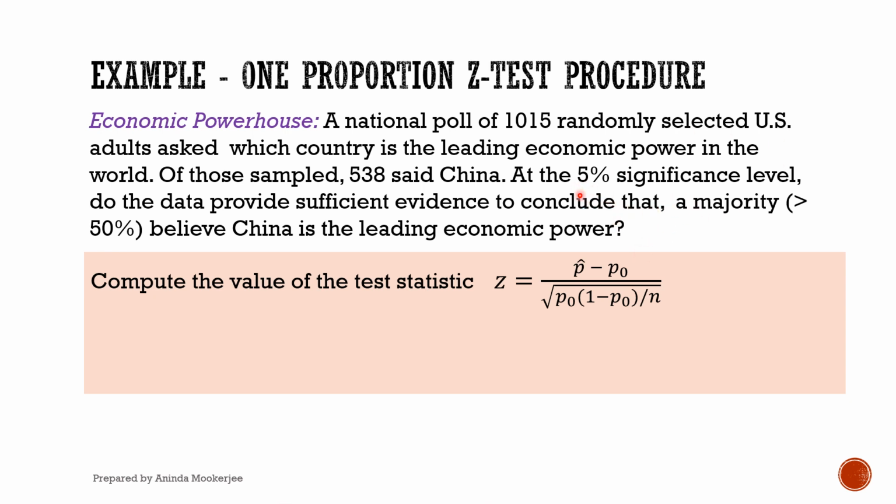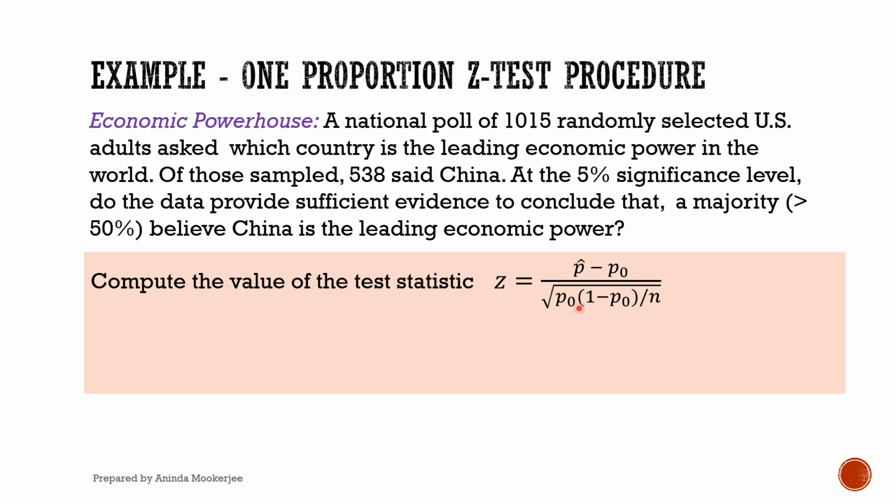So alpha is the decimal version of this 5%, which is 0.05. Now, the third step is where we compute our test statistic, or the evidence that we present as a rebuttal to the null hypothesis, right?